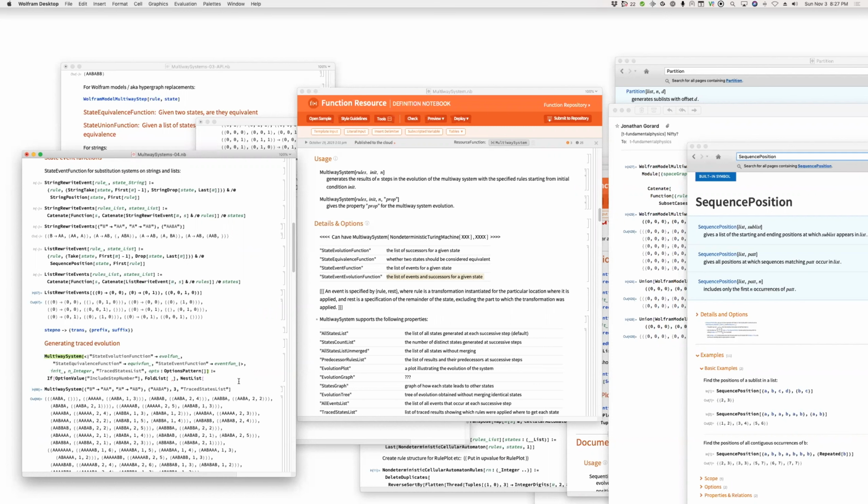It's different from the Wolfram model case, because in the Wolfram model case, you're just hypergraph unioning the right-hand side of the rule with the rest. Right. So my point is, I think we don't need to break it into a state event function and a state event evolution function. We can just have whatever the analog of string join is be a separate function. That's all we're changing in these cases.